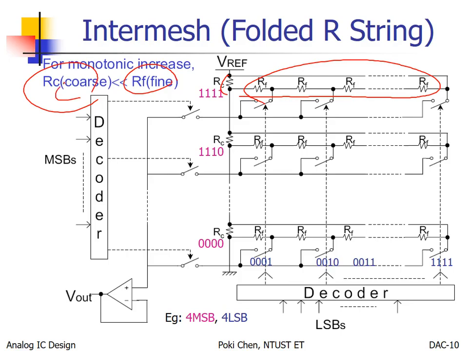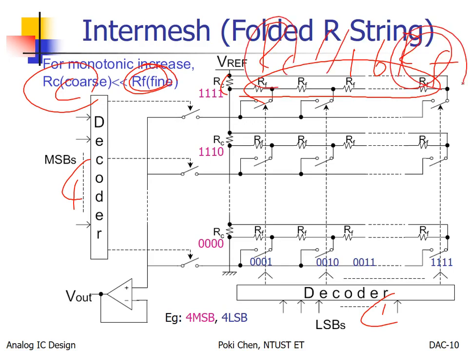Right now, for example, 4 bits here, 4 bits there, so totally you have 16 RF in parallel with RC, but RC is much smaller than it. It's even smaller than 16 RF. So it means what? Overall resistance is almost equal to RC. That is the point.